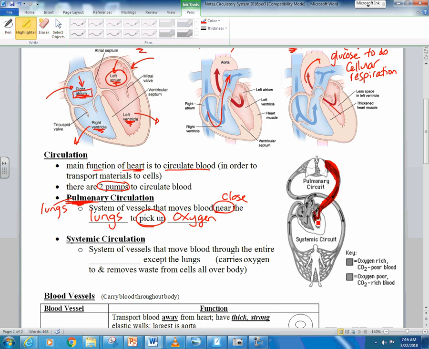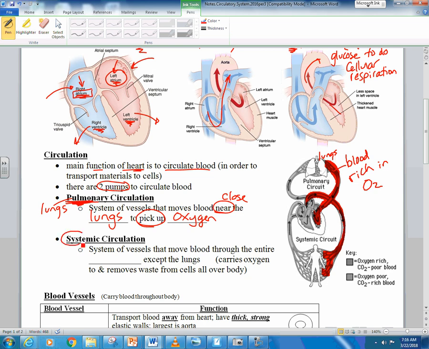It comes down into the heart, and then the heart has to give it one more big burst, and then it's going to send that all out here. The reason that I colored all that red is because this blood is very rich in oxygen. The reason is it came from the lungs. So when it goes up to the lungs, that's called pulmonary circulation.